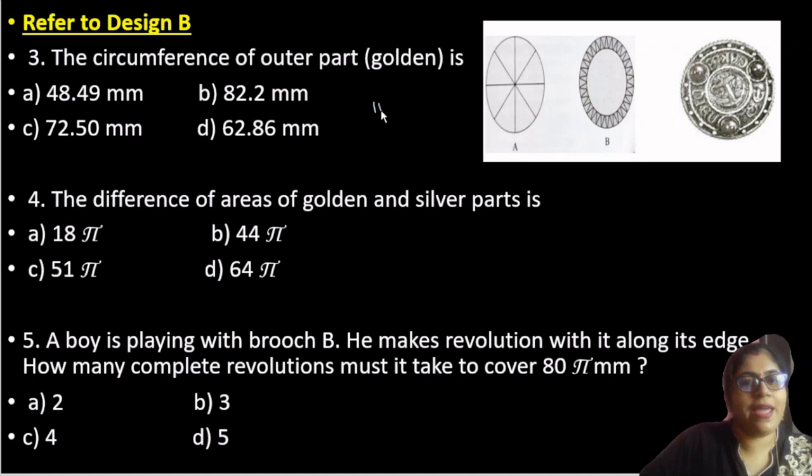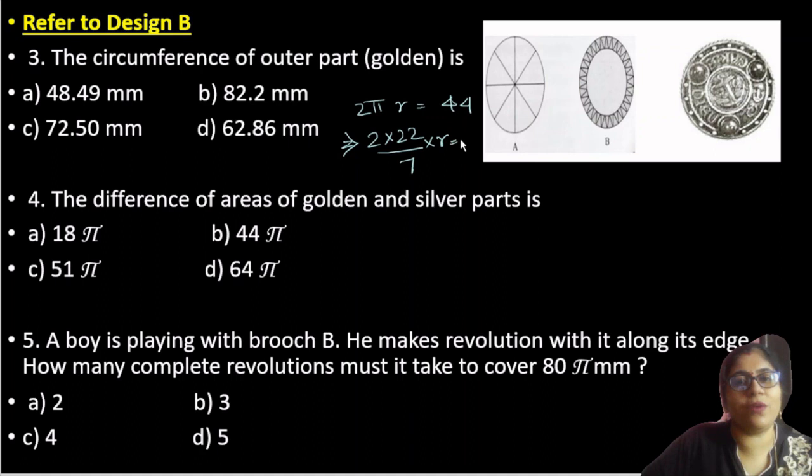So 2 pi r equals 44. So this implies that 2 into 22 by 7 into r equals 44. This implies that r is equal to 7 millimeter. I am repeating centimeter again and again, but this is millimeter. So r is equal to 7 millimeter.